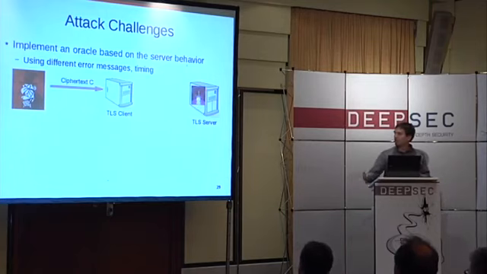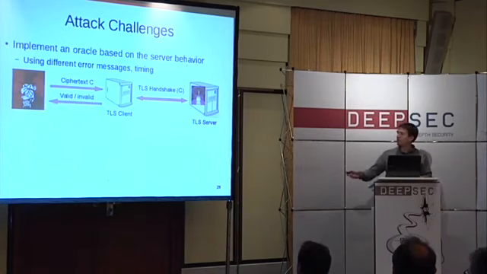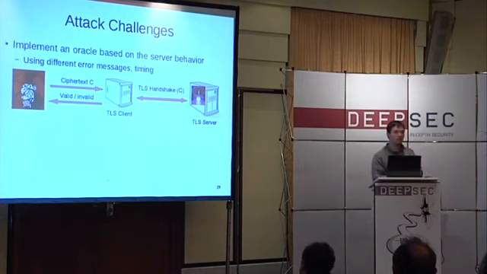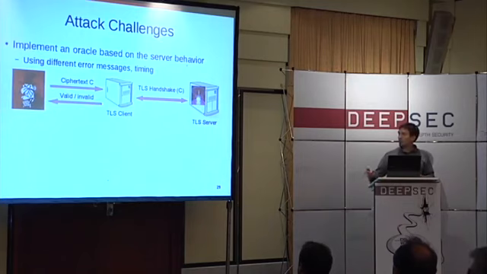We have a Bleichenbacher attacker which sends some ciphertext to the TLS client, and the TLS client executes some TLS handshake. Based on whether the handshake is valid or invalid, the TLS client responds to the attacker if the message was valid or invalid. If there is a possibility to distinguish valid from invalid messages, we can apply Bleichenbacher attacks. We can execute this using direct error messages or maybe timing.